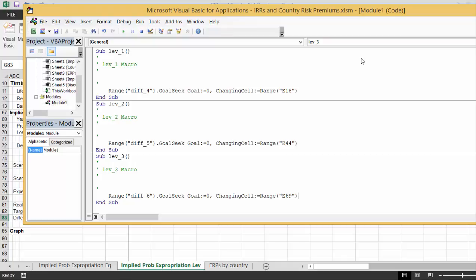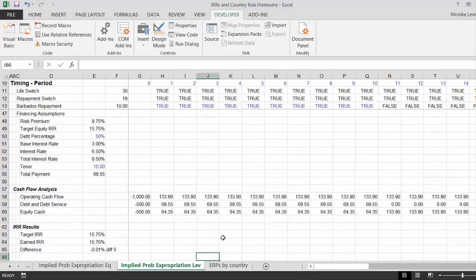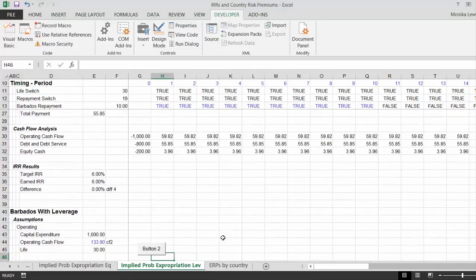I think this is CF1 and CF2. Let's see if it really does. CF2. This could be.